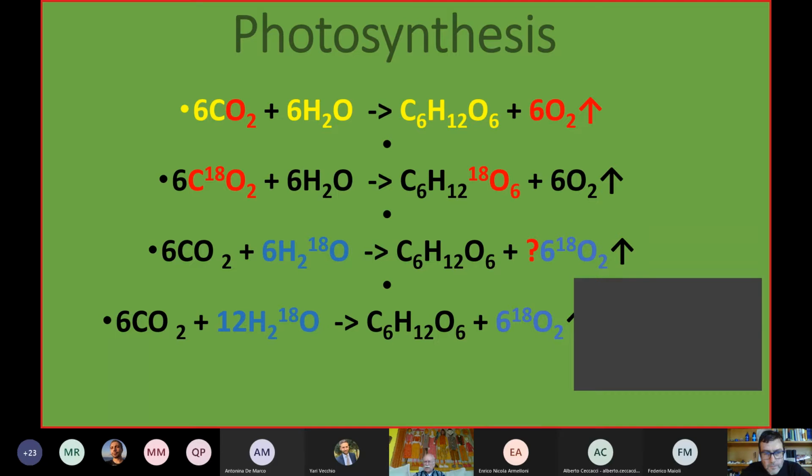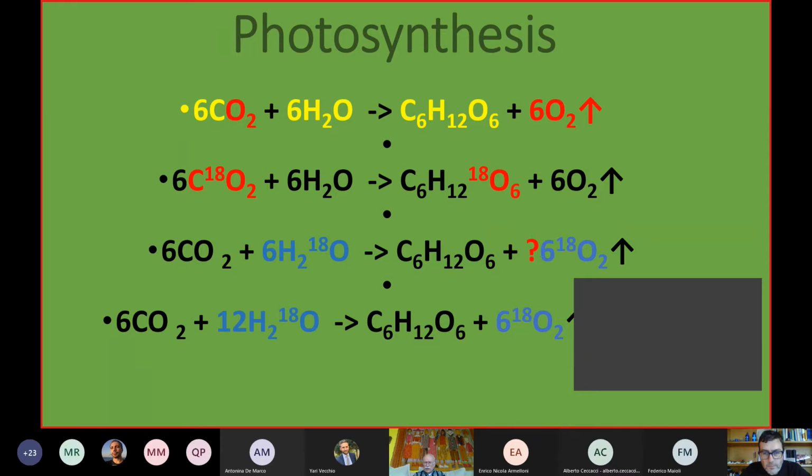But here we run into a new difficulty, because 6 molecules of water contain only 6 atoms of oxygen, and we have emitted 12 atoms of oxygen.